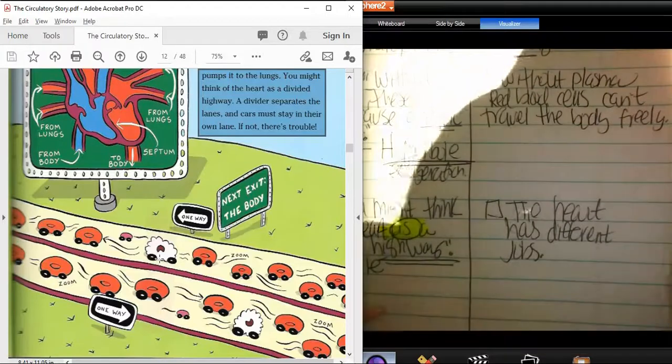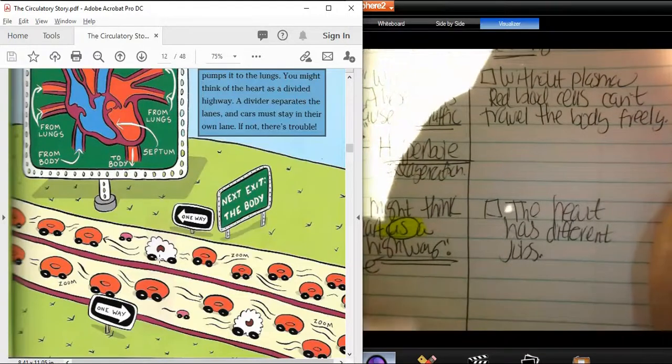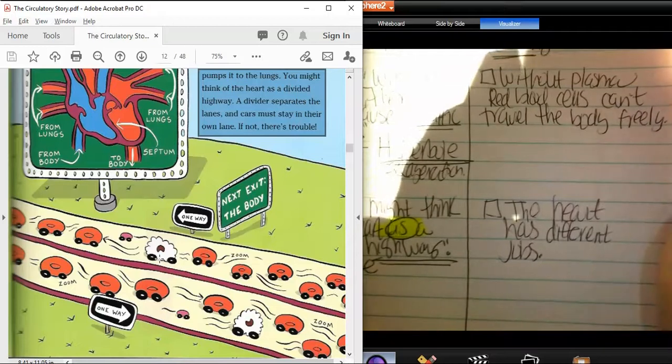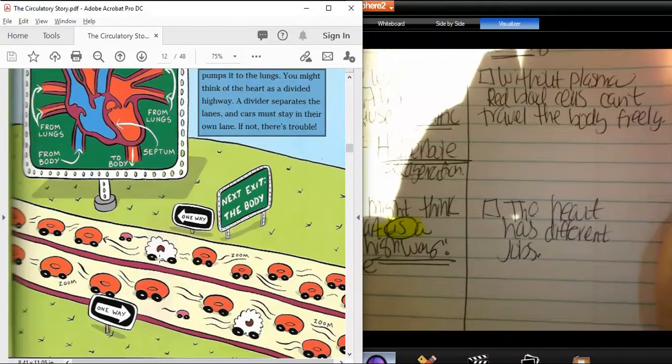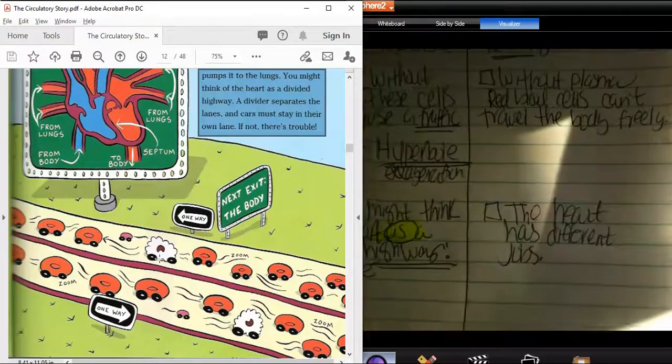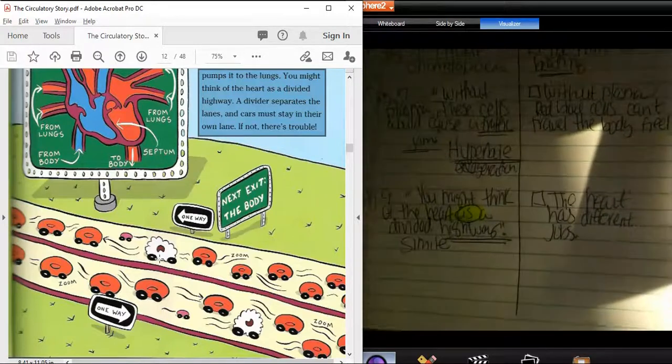It has different jobs. So that means everything has to stay in their own side. So I'm going to give you 30 more seconds to copy that. And I know it doesn't look the best, so let me move a little bit. Okay, let me zoom out so that you can see that.